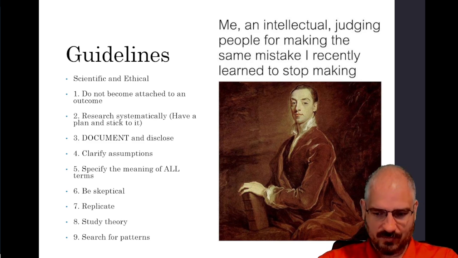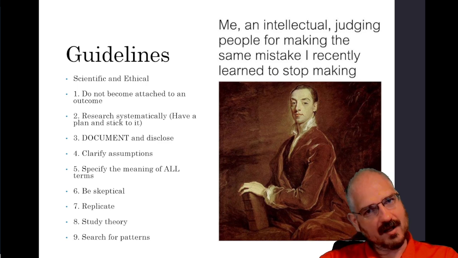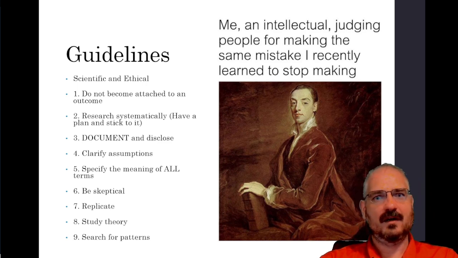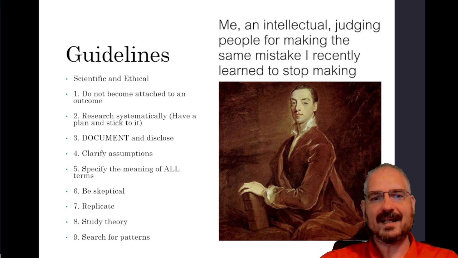But if you don't do it systematically and you start changing your plan halfway through, you could be either consciously or subconsciously artificially nudging your data to try to get the outcome that you had in mind.